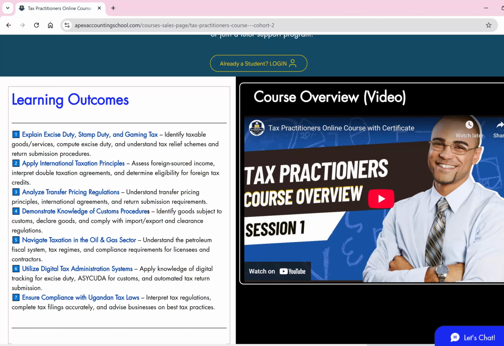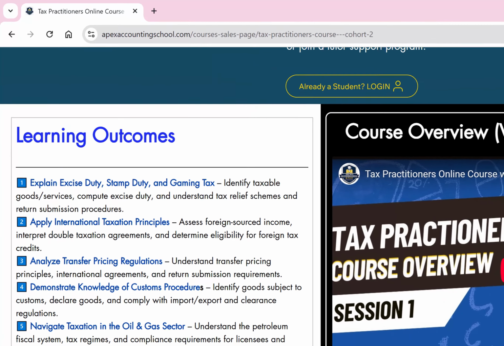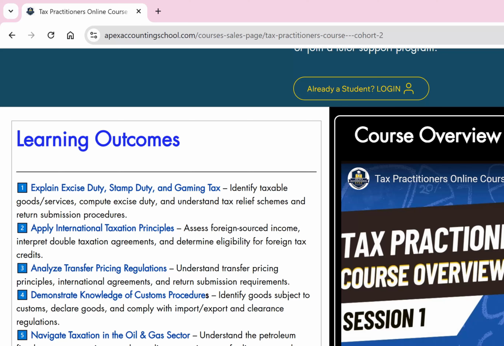Of course, our mind in designing this course was focused on your duty as a tax agent, tax consultant, or a tax accountant of a company. You should be able to analyze transfer pricing regulations. You're going to understand the transfer pricing principles, international agreements, and return submission requirements.